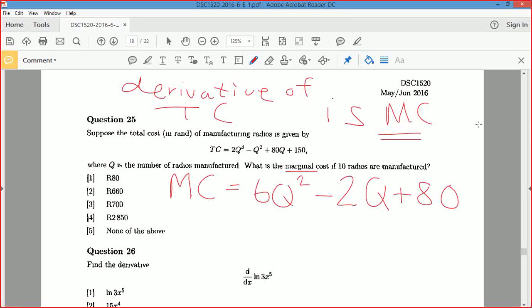What is the question asking you to do? What is the marginal cost if 10 radios are manufactured? We've got the quantity, so we just have to replace the quantity with 10. Exactly. And that's it.